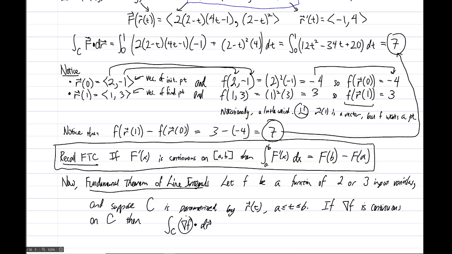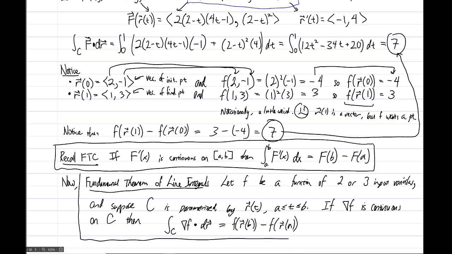Our capital F arrow in the example we did was the gradient of little f. This is equal to, and we have it right here, at least in our example, f of vector r of b minus f of vector r of a. So this, in this box here, is the fundamental theorem of line integrals.